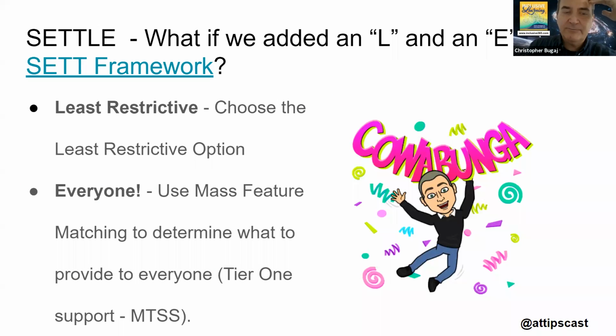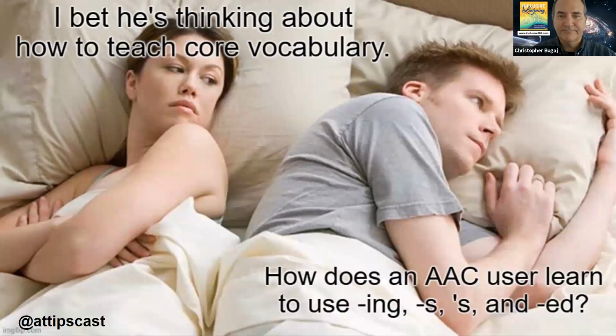And it leads to this last concept here of expanding on Joy Zabala's SETT framework: thinking about what the student's needs are, what the environment is, what the task is, and then coming up with a tool, and then not just stopping there, but providing that tool to as many people as possible. Choosing what's least restrictive and providing that tool so that it moves from tier 3 stuff to tier 1 stuff. All right, cool.